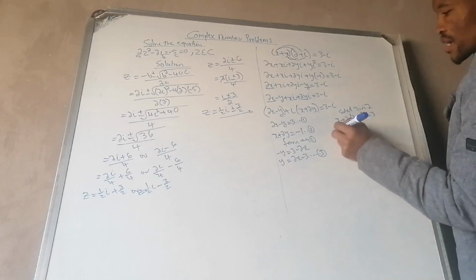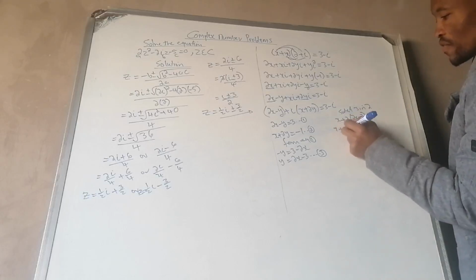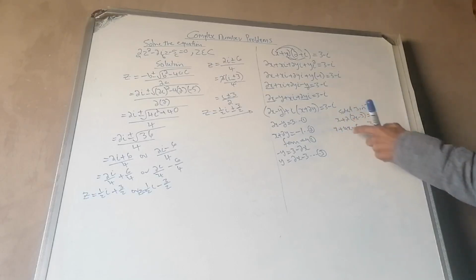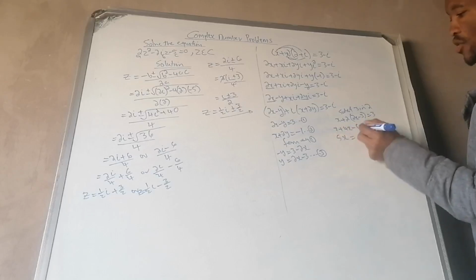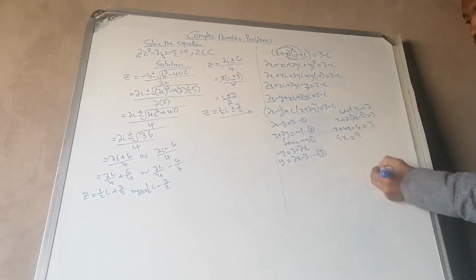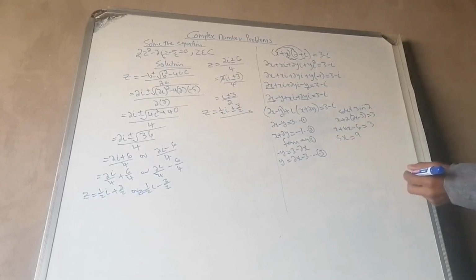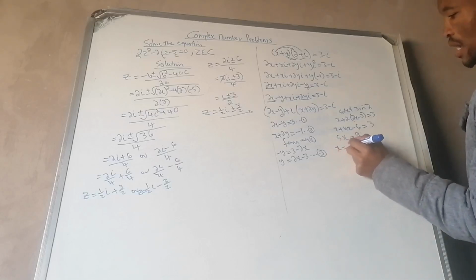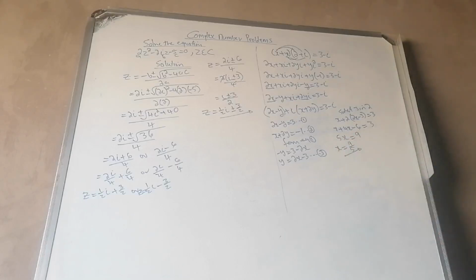And I can have x plus 4x minus 6 equals 3. This is 5x equals, take to the other side, and that should be 9. 5x equals 9, and I'll find my x as 9 over 5.